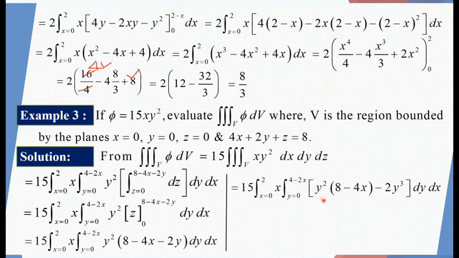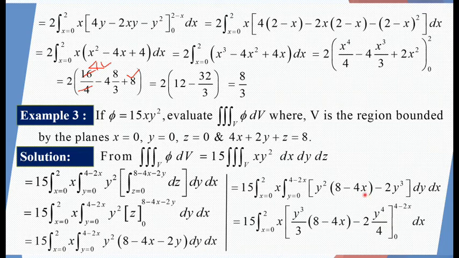We can take this 8 minus 4x together because it is entirely a constant. So just like this we can write here, and this is y square multiplied by minus 2y, it will be minus 2y cube. So now integrate it, 8 minus 4x is the constant.